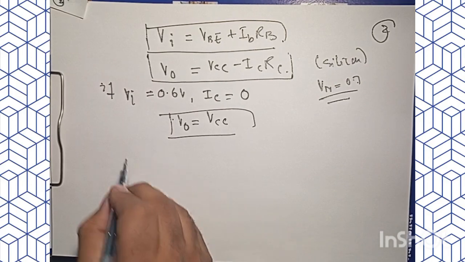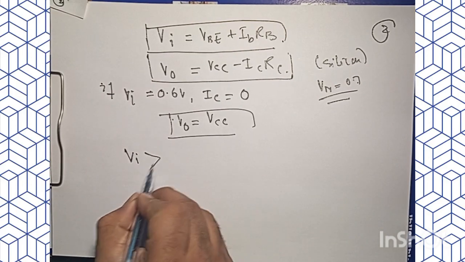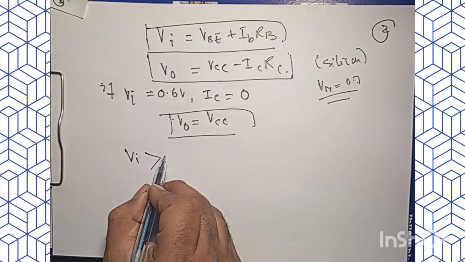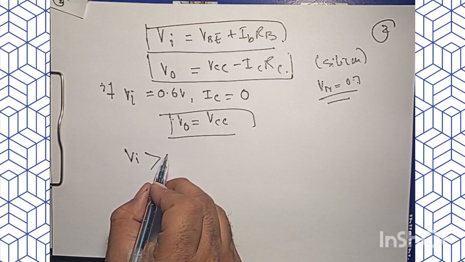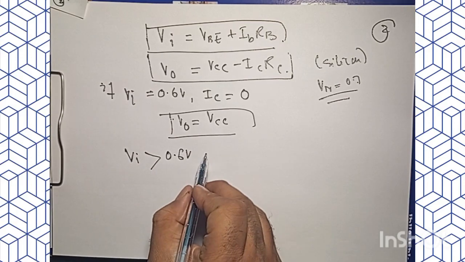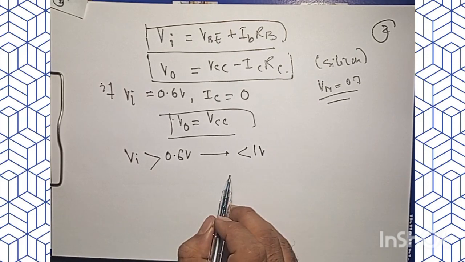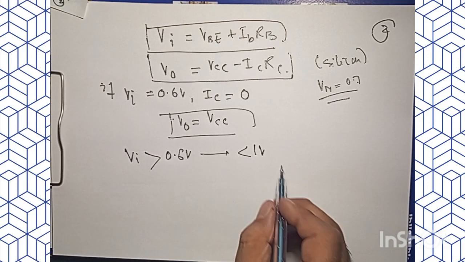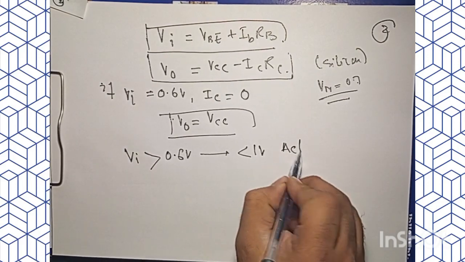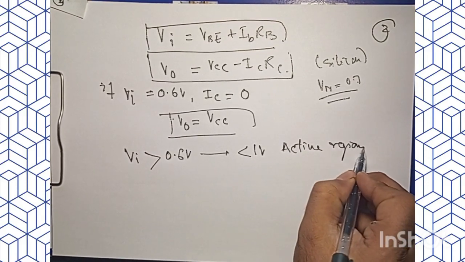Clear? Now if I take VI greater than 0.6 volts, and let me put it less than 1 volt, what's going to happen? In this case, the transistor will be in the active region, right?